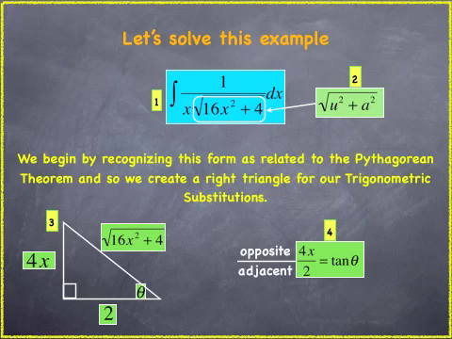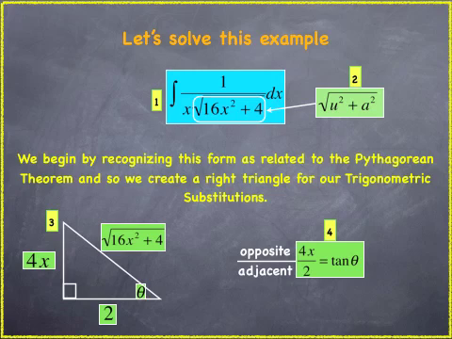Okay, so let's try to solve our particular example. The key thing here is recognizing this form kind of looks a little similar to what you would typically see when you have a right triangle, and you can use the Pythagorean theorem to calculate your hypotenuse. So if you look at item 3, we put that radical we had in our particular problem and we made that the hypotenuse, and then it's relatively easy to figure out what the sides look like.